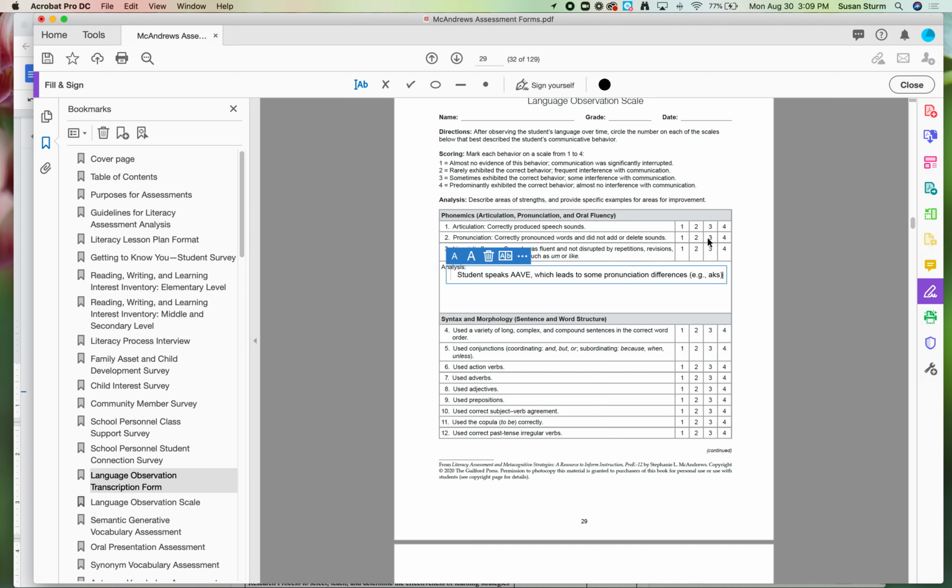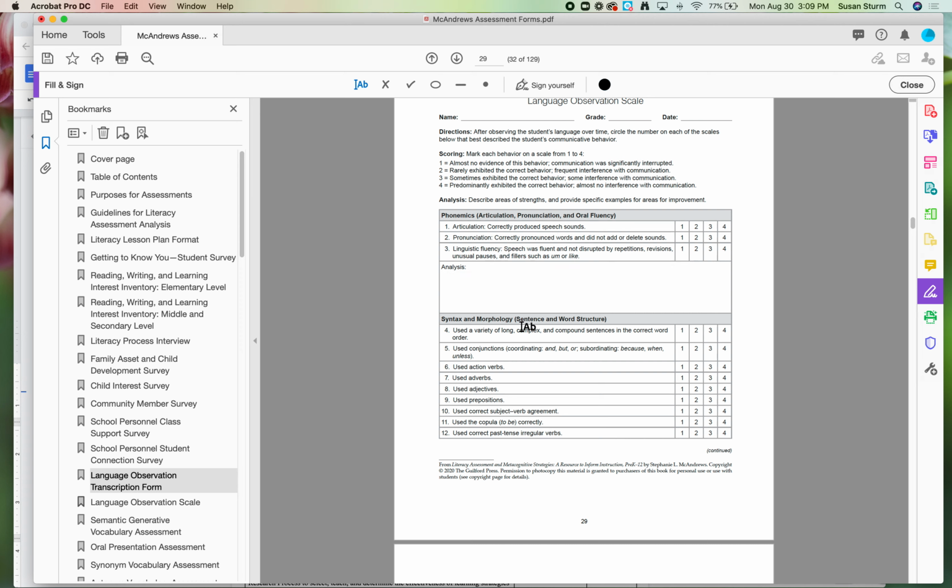So if everything else in pronunciation is a-okay for that student, but they speak African American vernacular English, you're going to make note of that so that the next person who looks at this data will understand that this is happening, and maybe will also not count it against the student, but you will not take off points for that, especially if it doesn't interfere with your ability to understand what the student is saying.